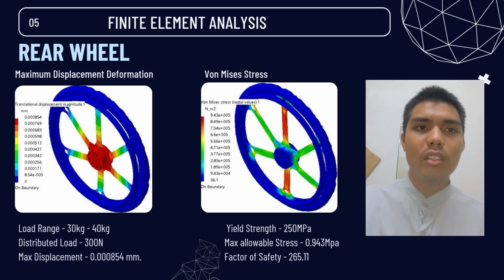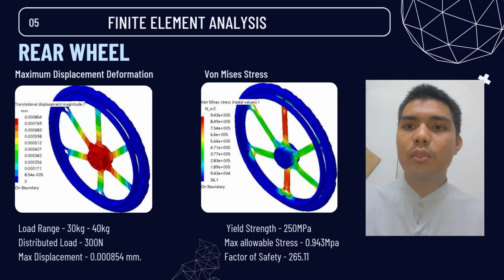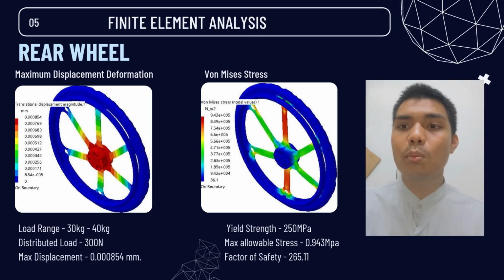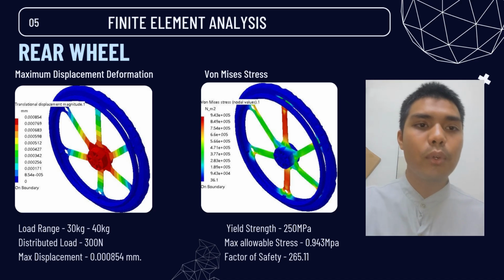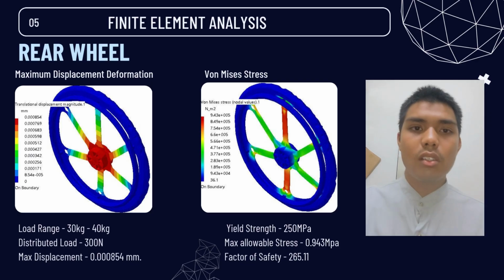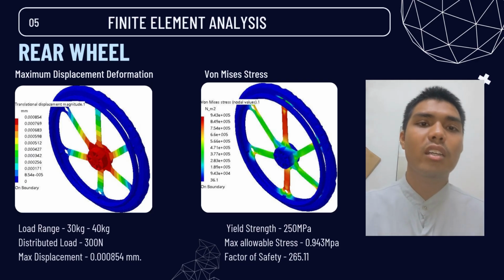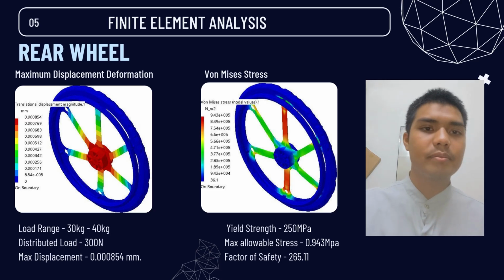So we continue on the von Mises stress. We can see here the max allowable stress, which is 0.943 megapascal. From the generated report, we get the value 250 megapascal for yield strength. Therefore, we can calculate the factor of safety from the information gathered.